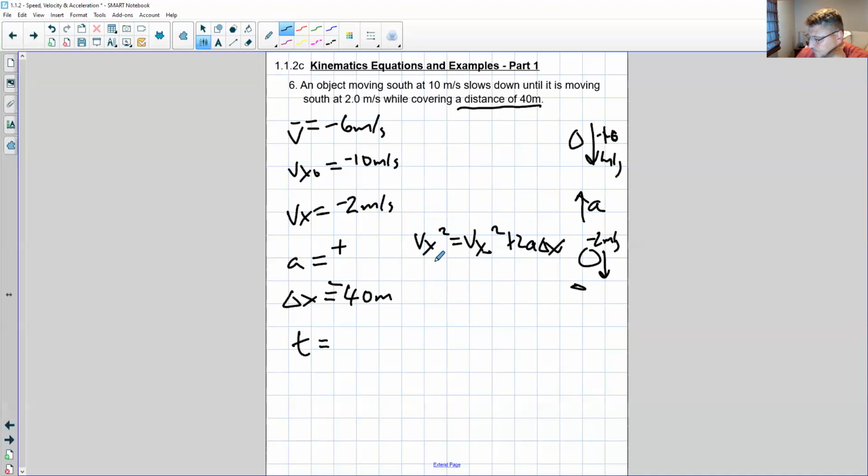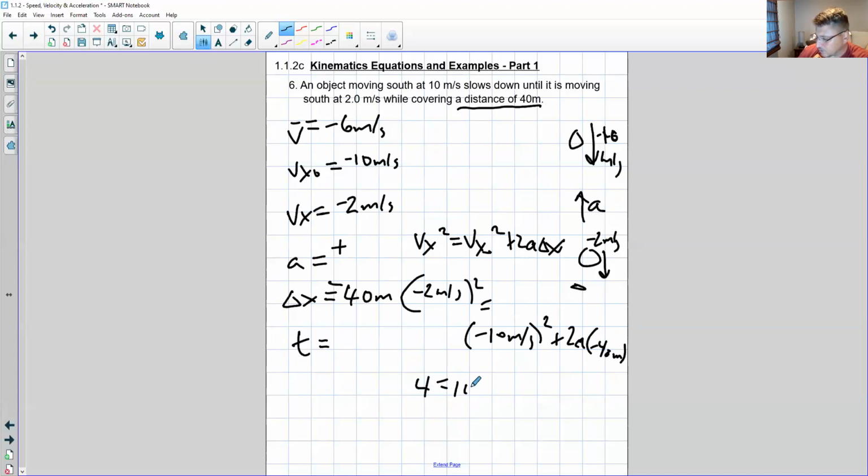So we have negative 2 meters per second quantity squared equals negative 10 meters per second quantity squared plus 2a times negative 40 meters. So we've got 4 equals 100 minus 80a.